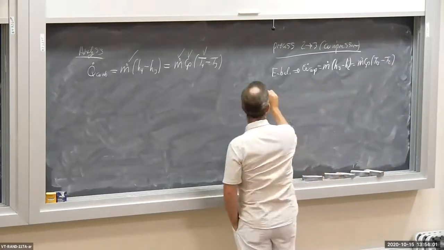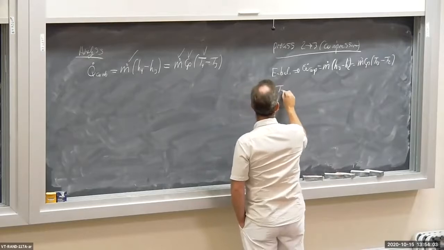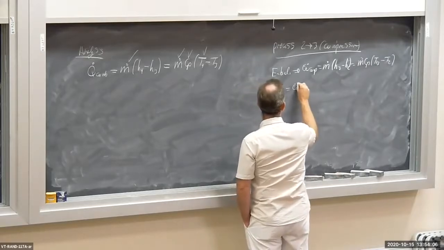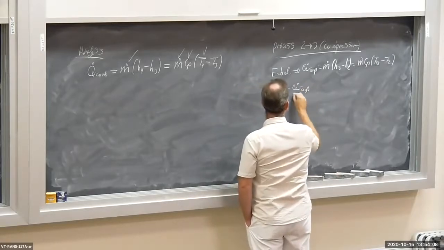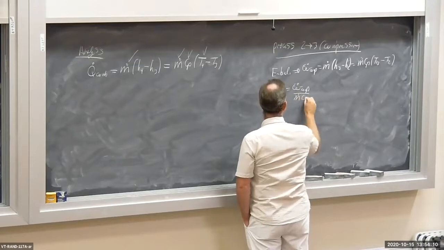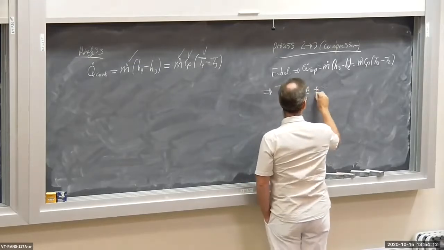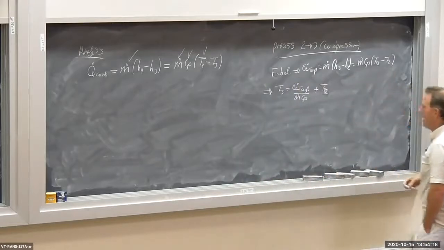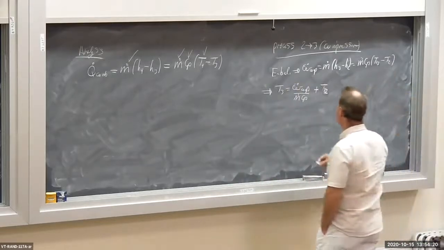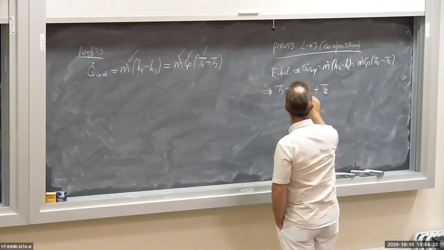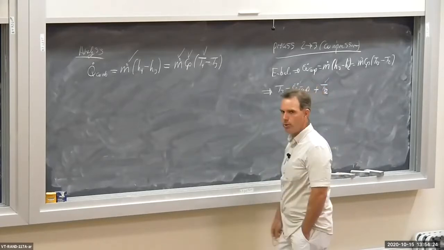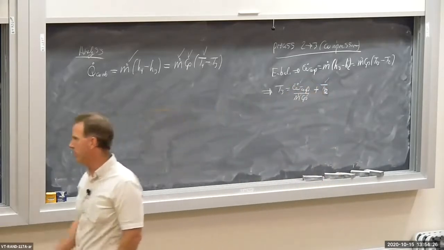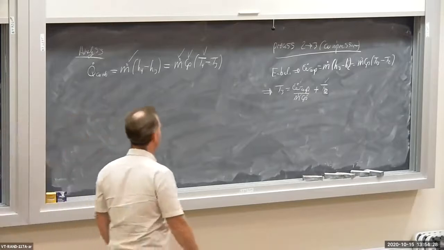So let me solve for T3. T3 is equal to W dot compressor divided by M dot Cp plus T2. Now, I have W dot compressor, I just calculated it. I have M dot, I have Cp, and I also have T2 from when I analyzed the diffuser. T2 is 291 degrees Kelvin.